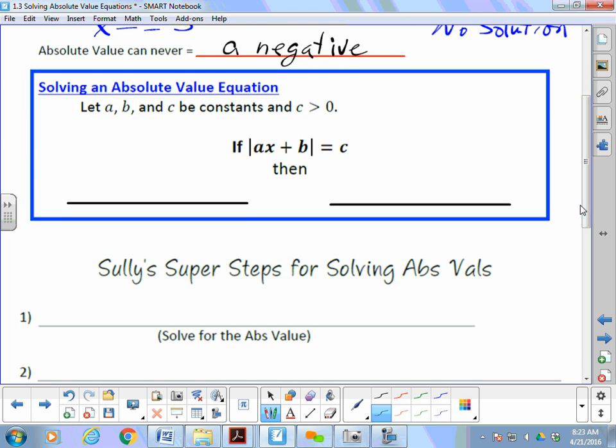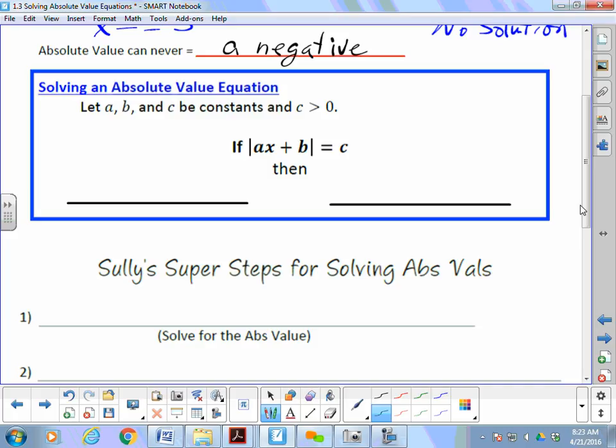So, solving the absolute value equation, let a, b, and c be constants, and c is greater than 0. And why is it greater than 0? Because absolute values are always positive. Okay?